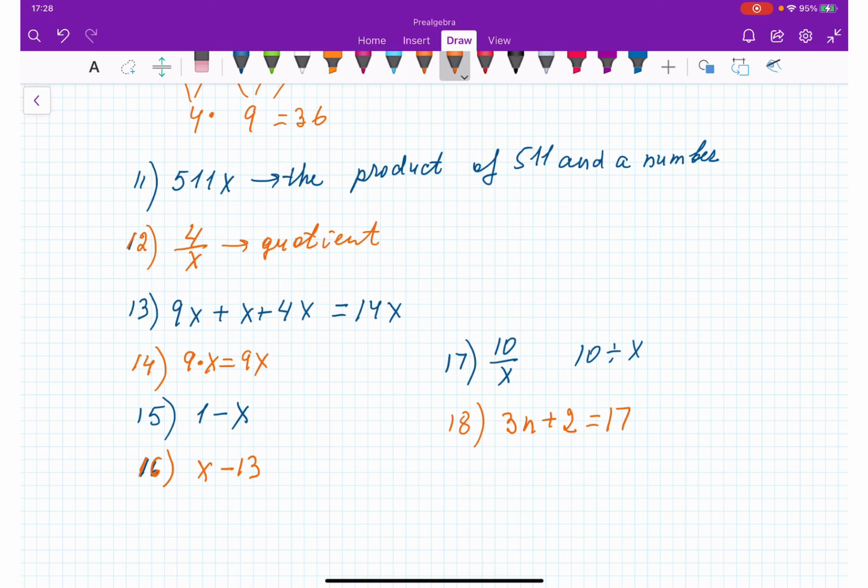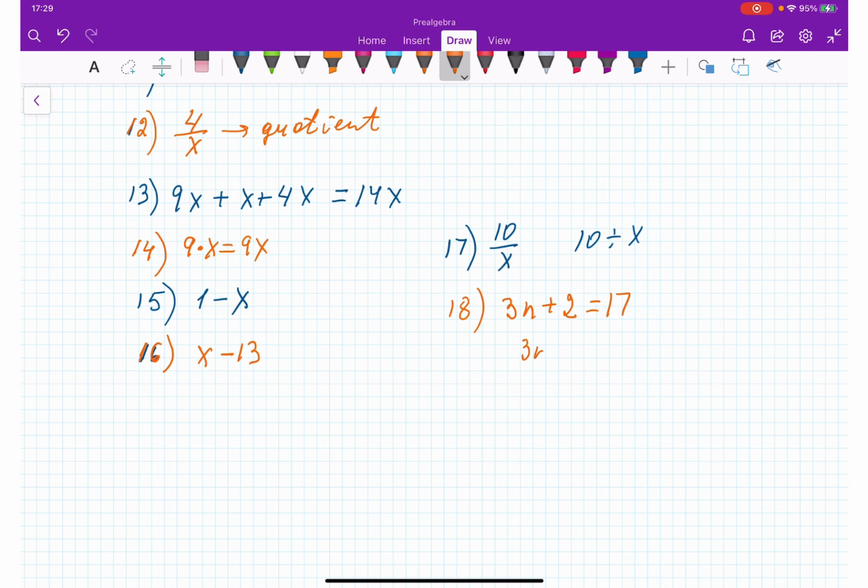So the sum of triple n and 2 is equal to 17. And we need to solve this. No, we don't have to solve this, we just have to write down the format. Oh yeah, we need to solve. Okay, let's solve it.